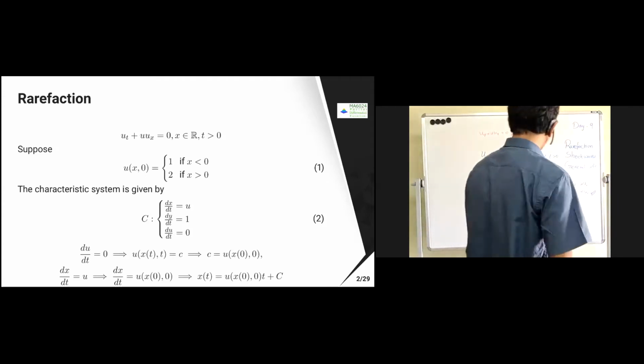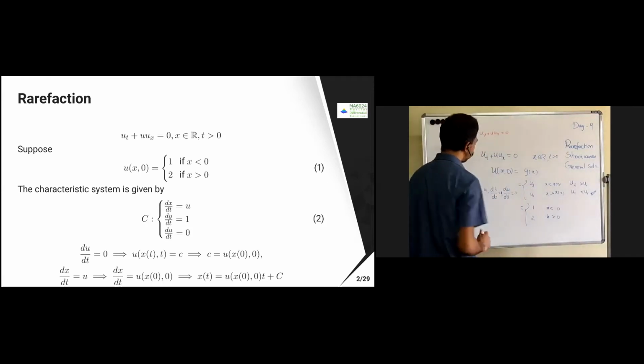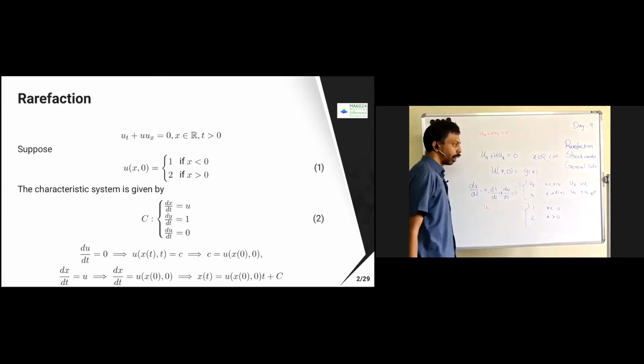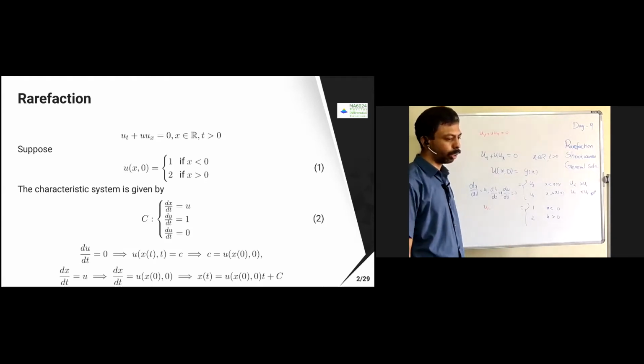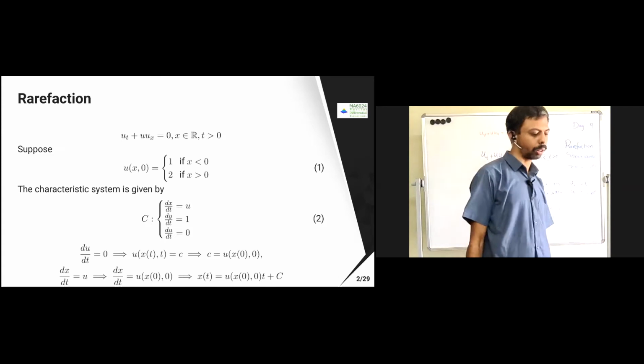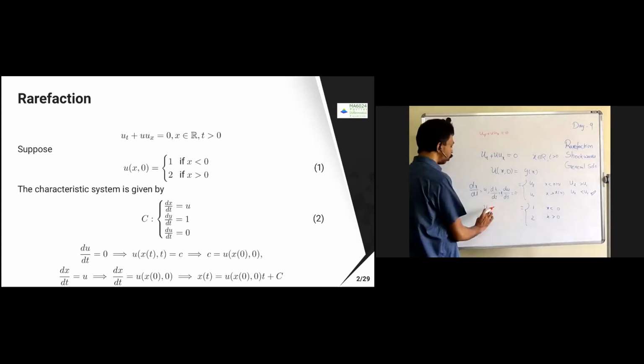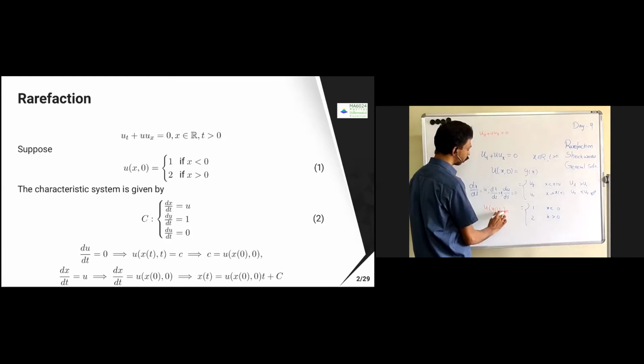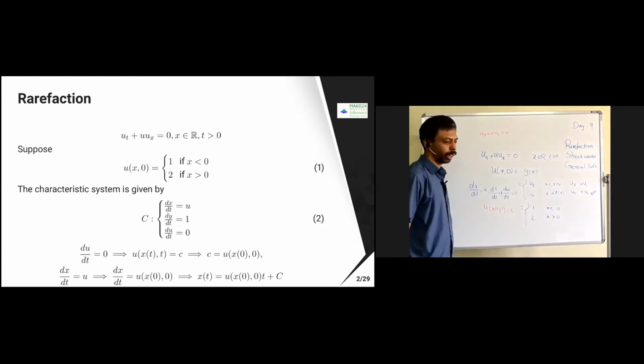Now we know that du/ds = 0, or du/dt = 0 in the case I mentioned. So then what is u? u is going to be constant, since du/ds = 0 means u is constant. Therefore, u(x(s), t(s)) = c.